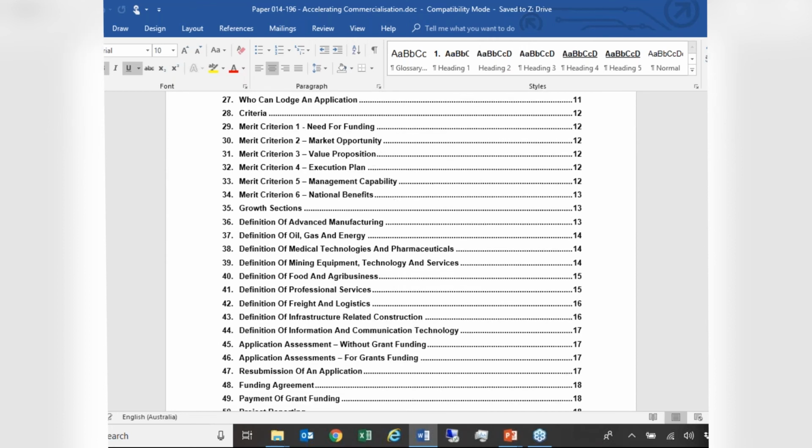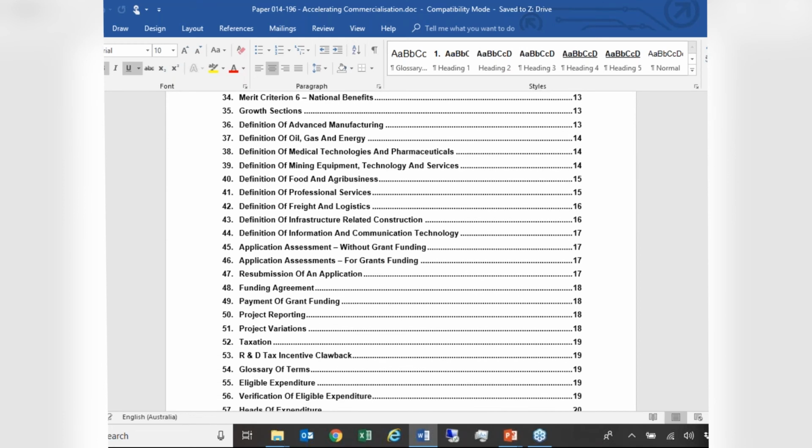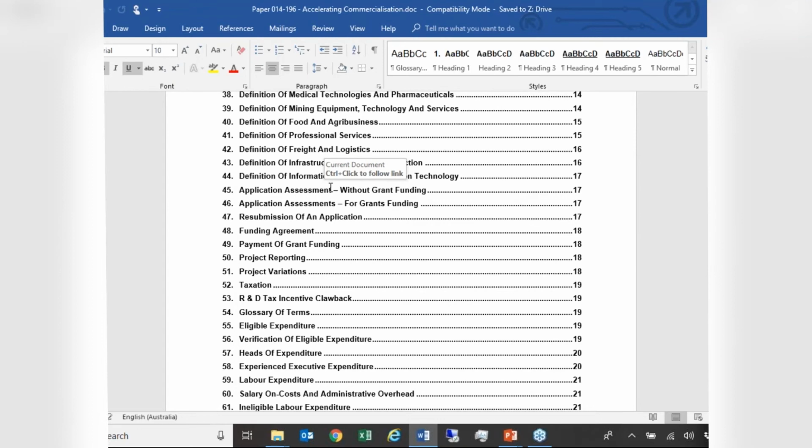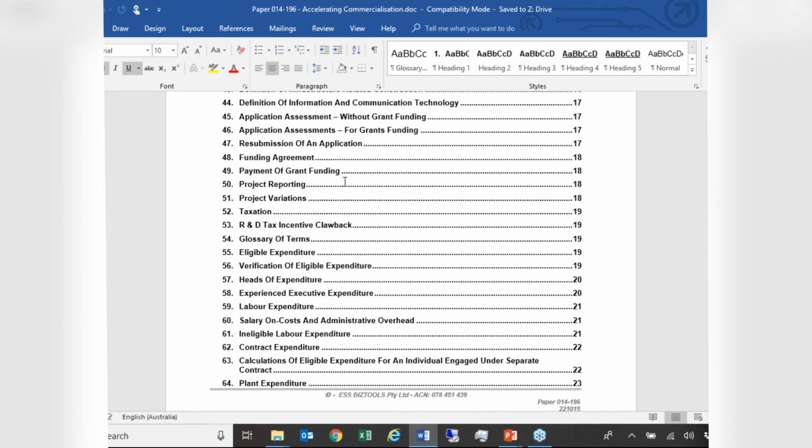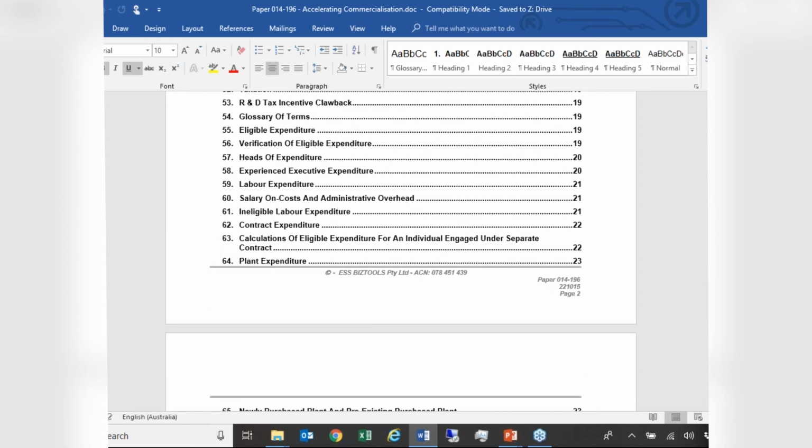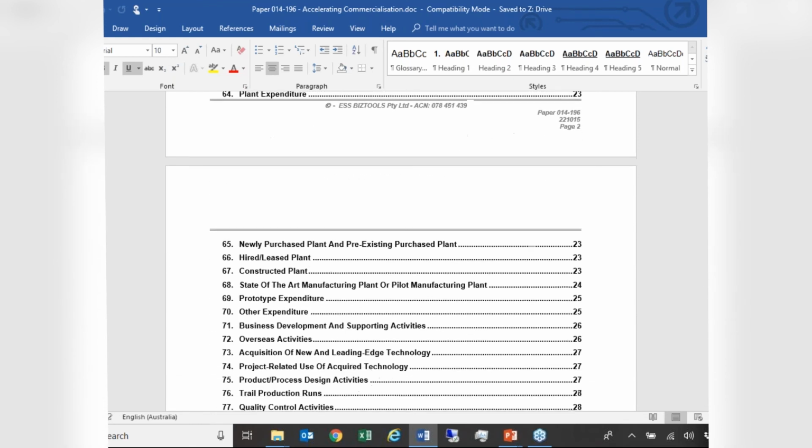And I'm just slowly going through the index so you get an idea of what's included in this. To get $1 million out of the federal government, you've got to make sure your I's are dotted and T's are crossed. And there's a fair bit of information that the government requires.